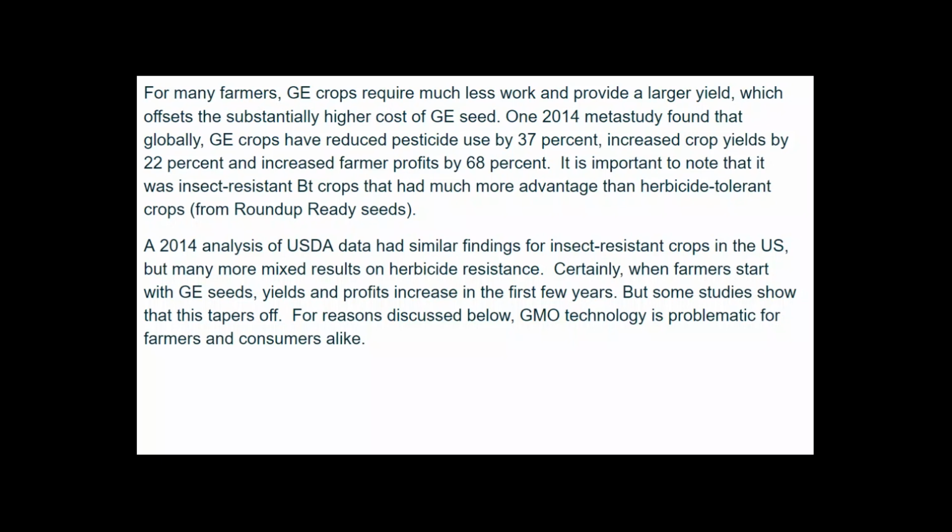And it's important to know that it was insect-resistant Bt crops that have much more advantage than herbicide-tolerant crops. A 2014 analysis of USDA data had similar findings for insect-resistant crops in the US, but more mixed results on herbicide resistance. Certainly when farmers start with GE seeds, yields and profits increase in the first 2 years, but some studies show that this tapers off. For reasons discussed below, GMO technology is problematic for farmers and consumers alike.